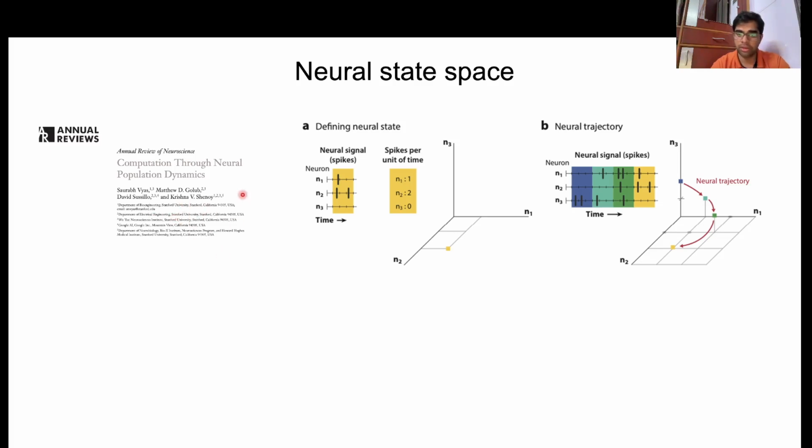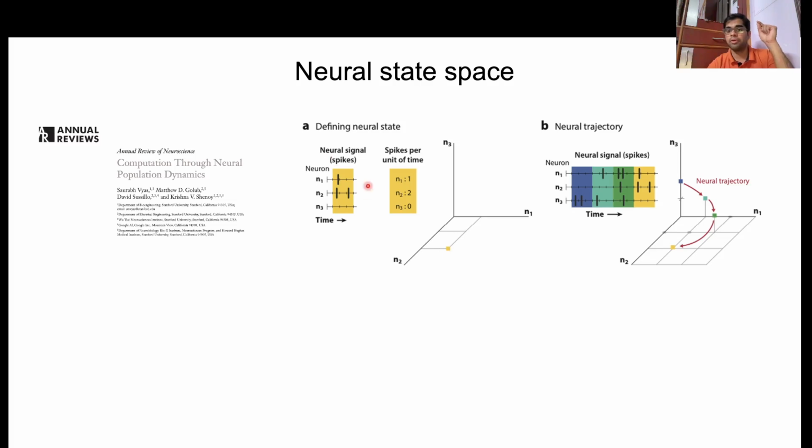What you see here is three neurons, and you bin the time into multiple windows, and in each window each neuron gives a particular number of spikes. Here neuron 1 spikes once in this yellow window, neuron 2 spikes twice, and neuron 3 spikes 0 times. So this gives a single point in this three-dimensional space.